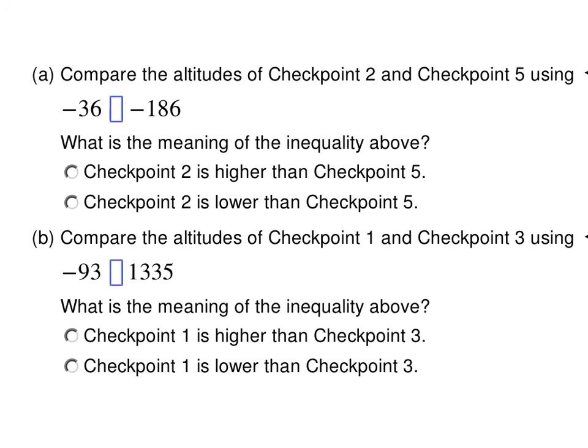When I do problems like this with the negatives, I like to think, yes, I'm in debt in both of these, but would I rather be $36 in debt or $186 in debt? 36. So negative 36 is greater than negative 186. Remember, eat the bigger number. So this would say that checkpoint 2 is higher than checkpoint 5.